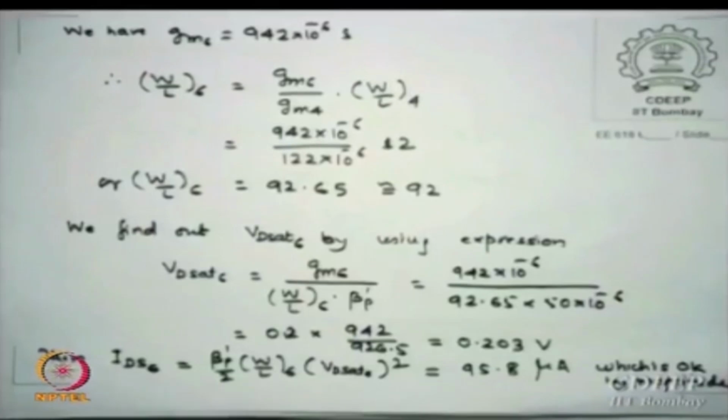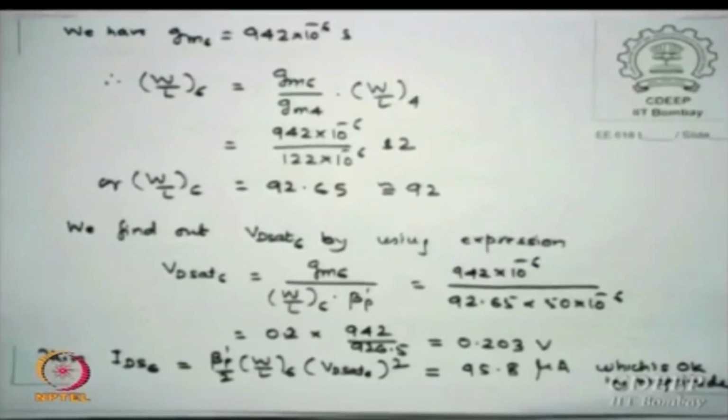I said, can I build it in some other way? So I found that if I now choose a larger size of W by L, I can get a different VD sat value, for which the ID sat or ID6 will be 90 odd microamps. Earlier it was 235. I brought the power down at least 2.5 times.